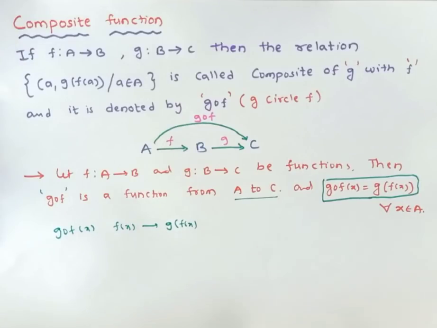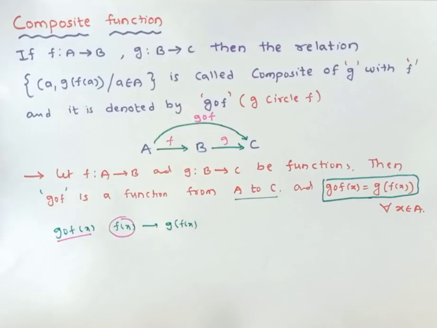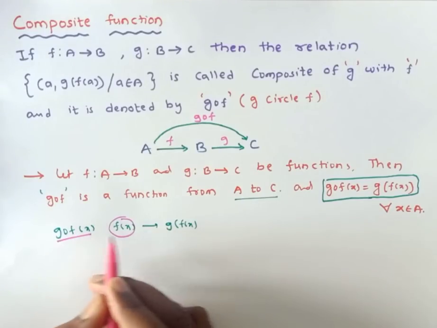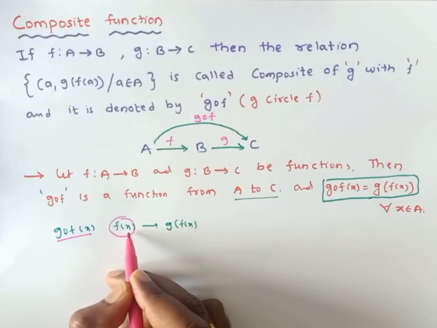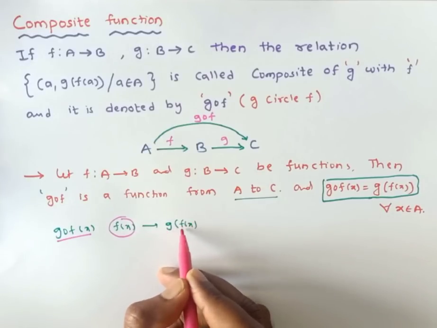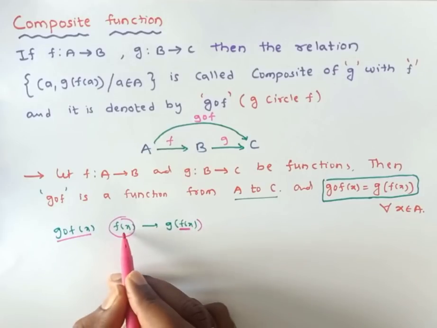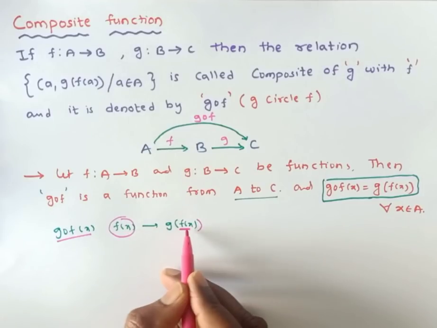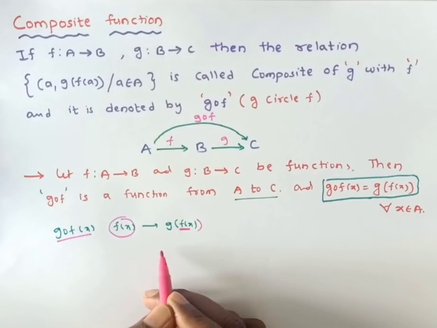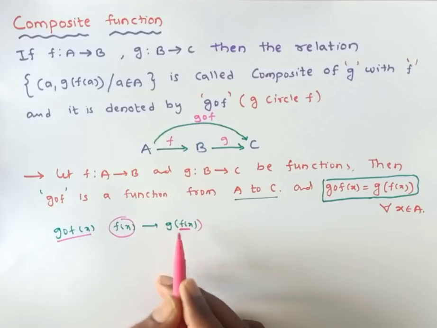While finding f of x, x is the domain, the input values for f. So for finding g of f of x, this part is the input. Here it is the image value for f and it is the input value for g. F of x is the output and here it is the input.